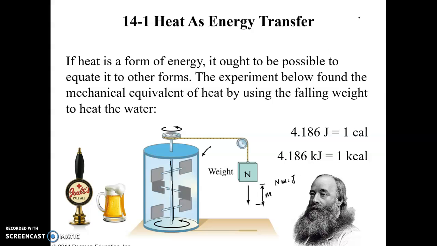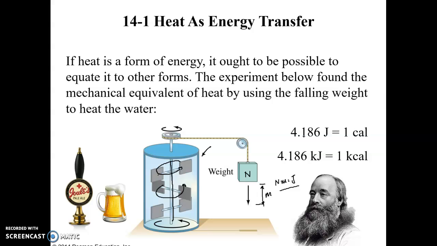As this weight falls down, it spins the paddles inside the container, and that spinning, that agitation of the liquid inside by the paddles, would give the liquid energy. It would raise its temperature. And so he was able to equate the amount of energy in newton meters or joules required to raise the temperature of the liquid.